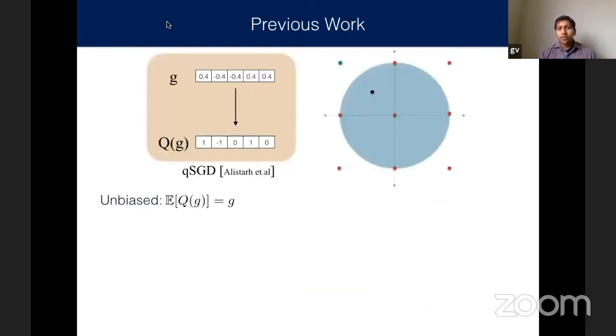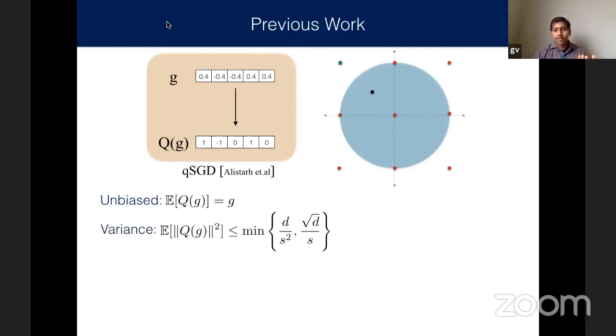This is not a new problem. One of the seminal works here is called qSGD. The way they quantize the gradients is by covering this unit ball using many hypercubes or hypergrids. Doing that, they get an unbiased estimate of the gradient.